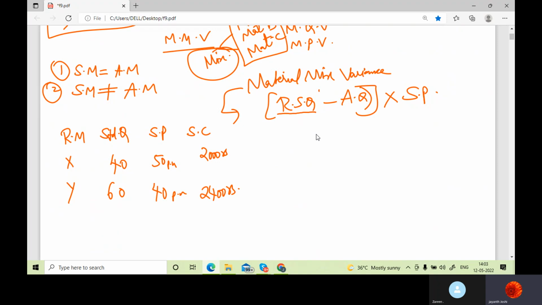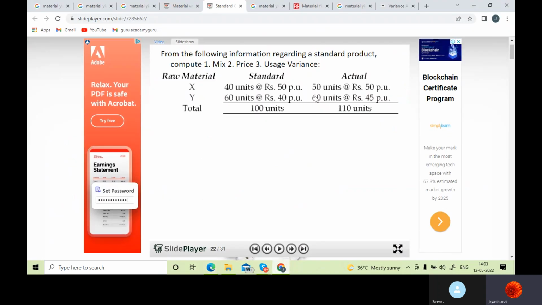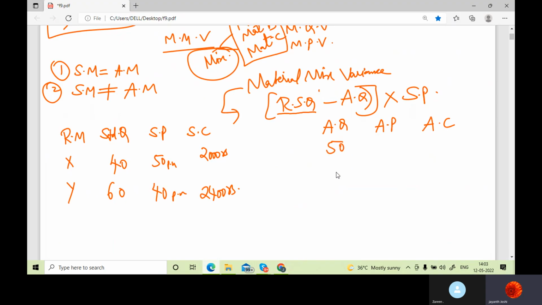Okay, and then we'll write the actual quantity, actual price, actual cost. 50, 60. 50 and 45. Let's multiply. This is very simply known: 2500, and 45 is 27, so 2700.